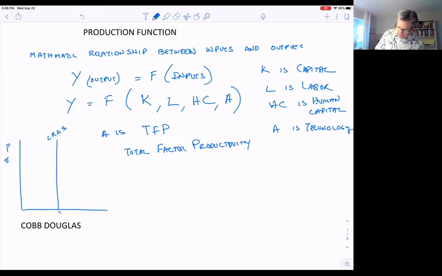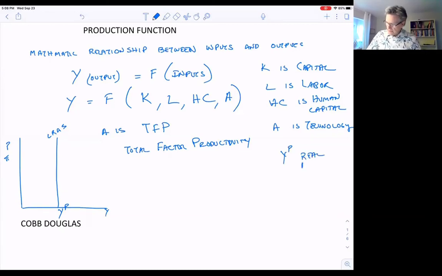And it's vertical at potential output, which I'll write as Y superscript P. So real potential output. And if we add more inputs, there should be more output. And that'll shift the long run aggregate supply curve to the right. So we add more people, we should be able to produce more, which increases our potential output in the economy.